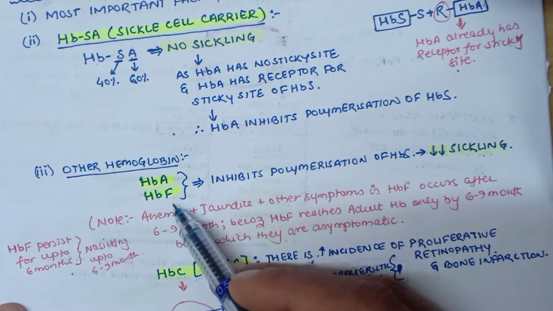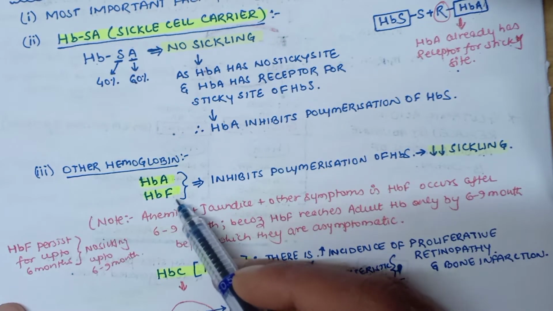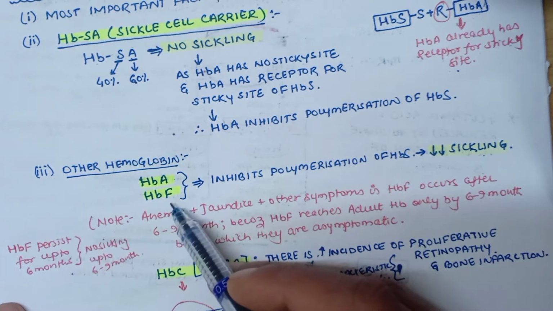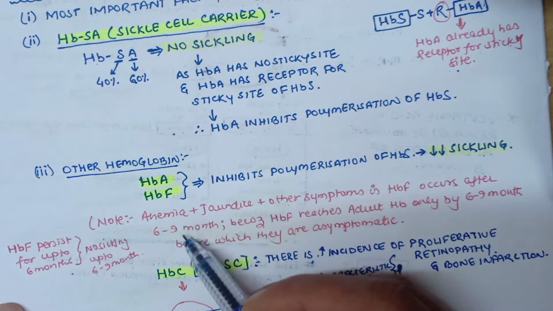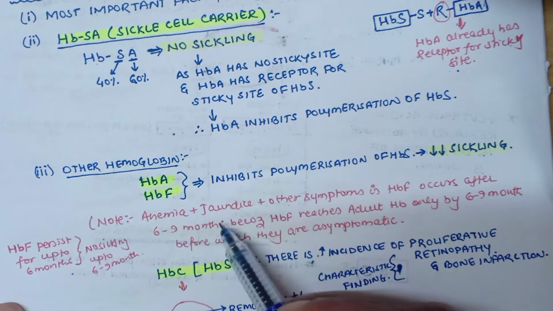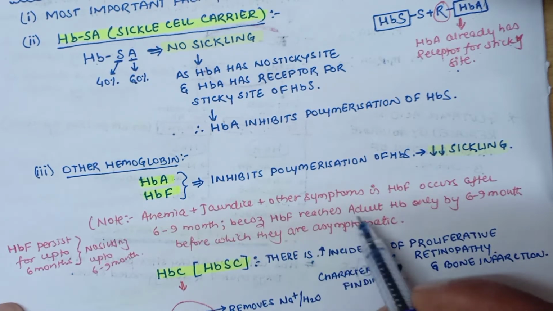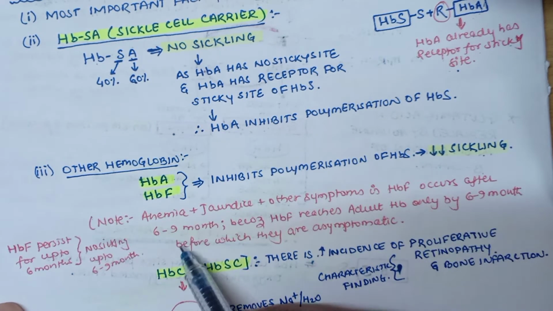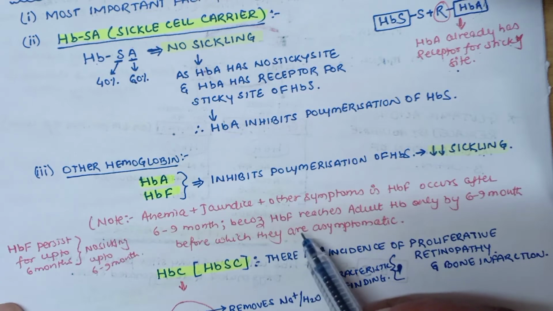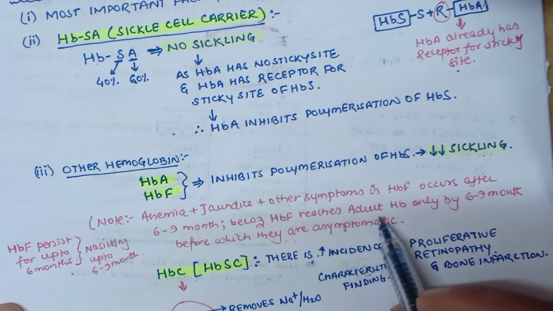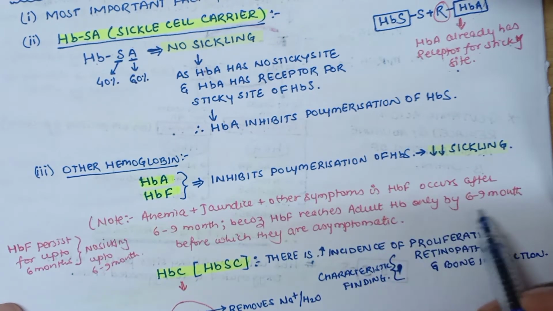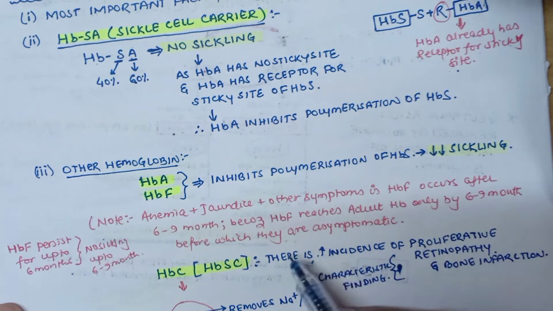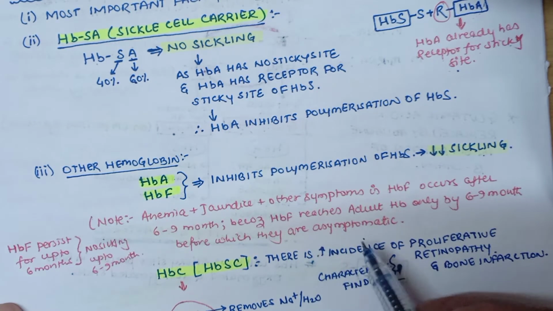So in fetal hemoglobin there will be no sickling up to 6 to 9 months, as HbF persists for up to 6 months. Also, anemia, jaundice and other symptoms occur only after 6 to 9 months, because fetal hemoglobin reaches the adult hemoglobin level only by 6 to 9 months, before which they are asymptomatic.